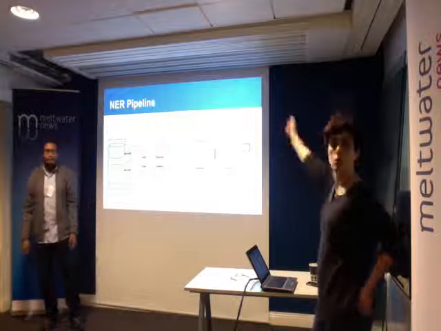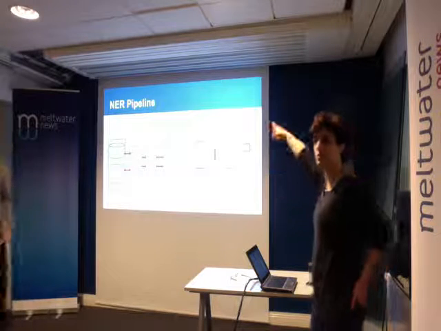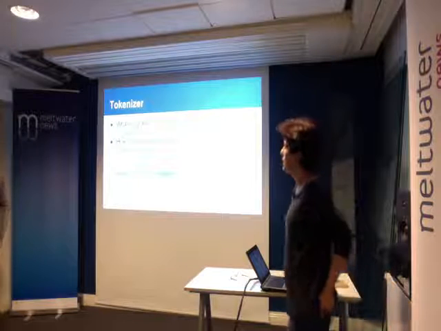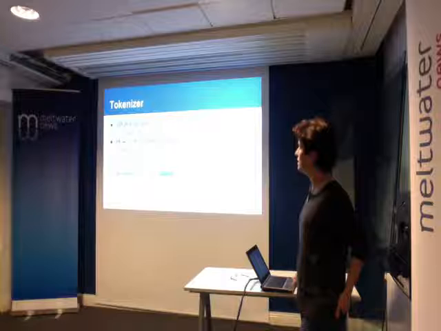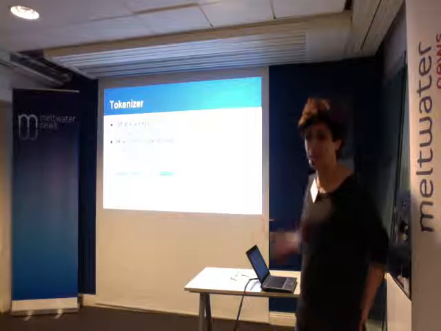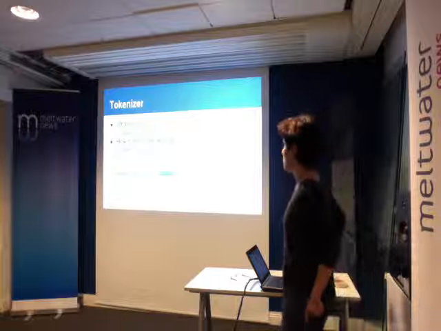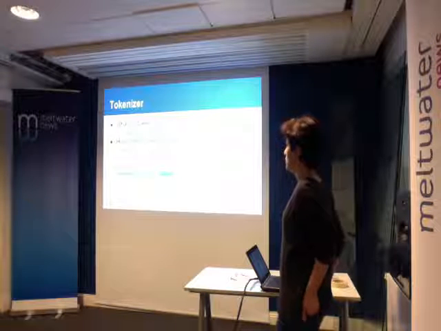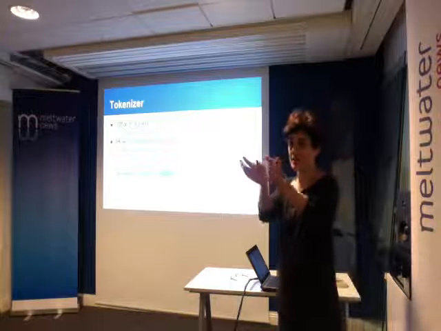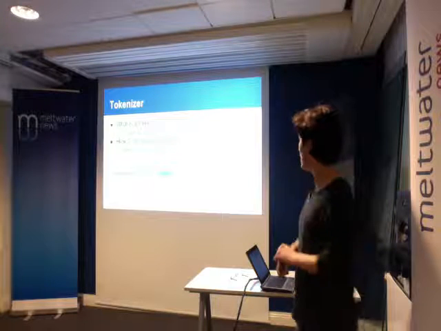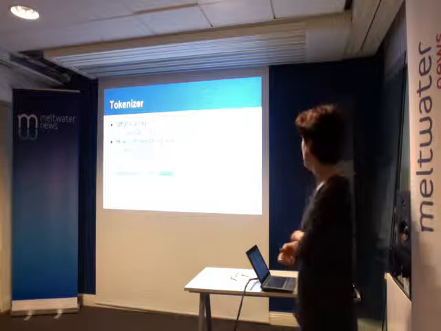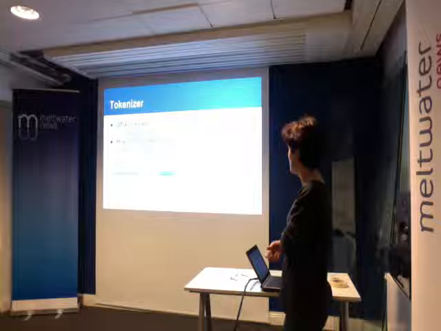We now go into detail in each of the boxes. So what does a tokenizer do? It is basically tokenizing a sentence. So what is a token? It's a sequence of characters that are meaningful together and convey a useful semantic.